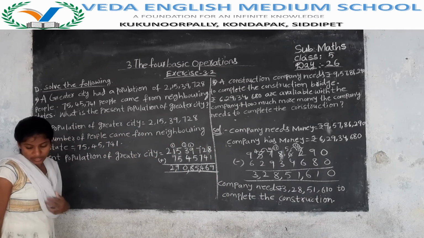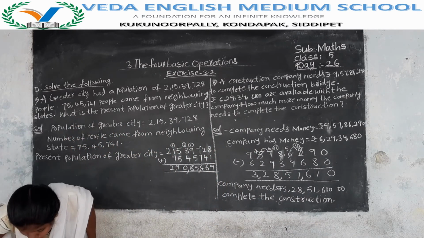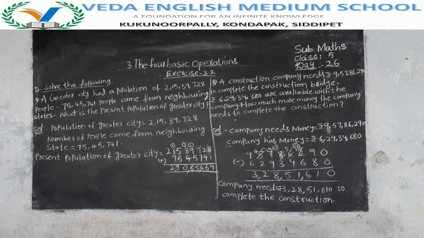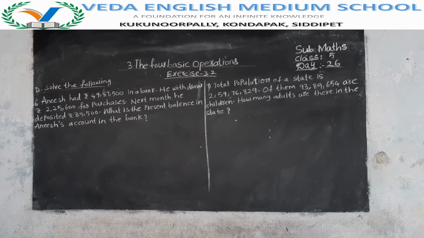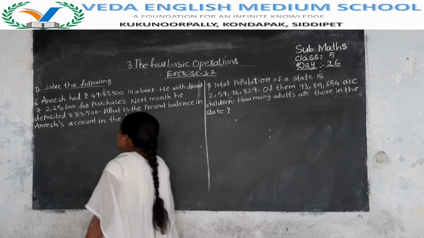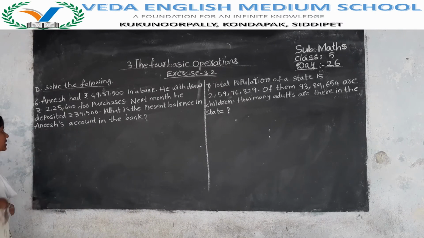Completed. Next, sixth question. Anish had rupees 49,87,500 in a bank.